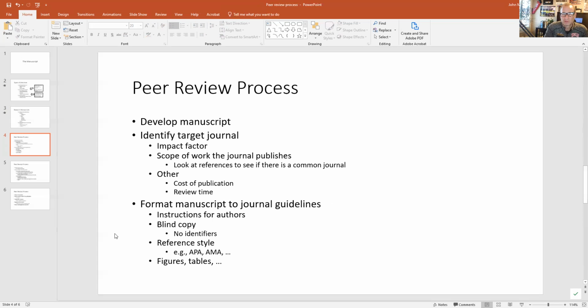Some of the rules include, and this is actually really important, a blind copy of the manuscript. The review process is strongest, many of us think, when the review process is blind. That means if I'm an author, I don't know who the peer reviewers are, and likewise, the peer reviewers do not know who the authors are.